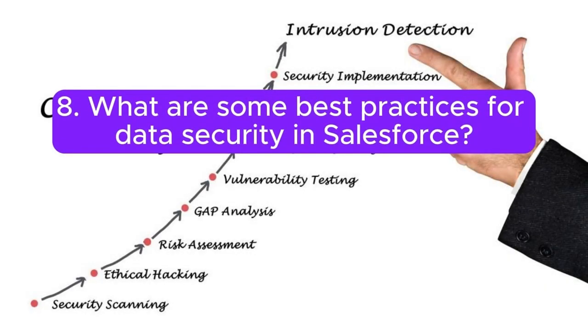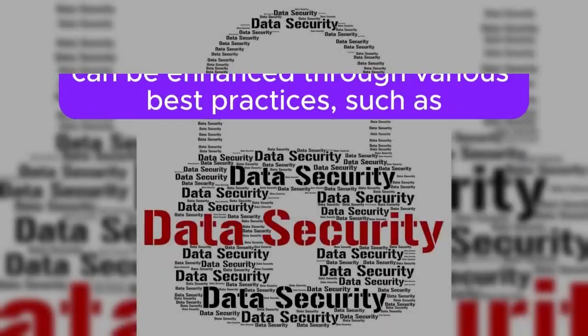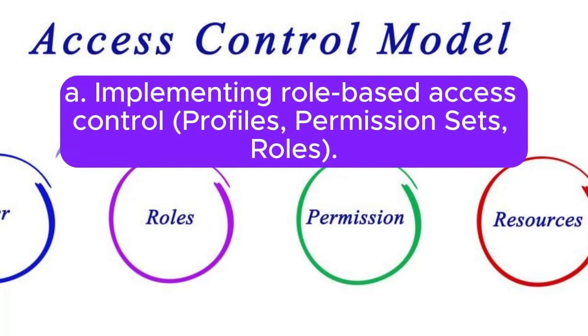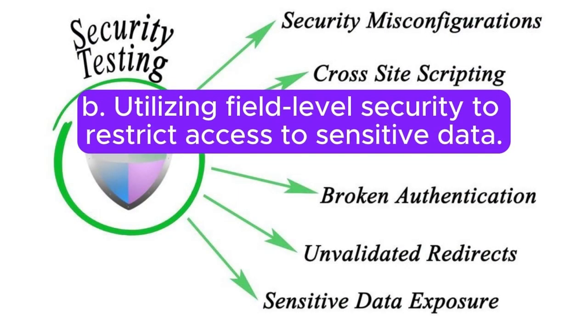8. What are some best practices for data security in Salesforce? Answer: Data security in Salesforce can be enhanced through various best practices, such as: A. Implementing role-based access control: profiles, permission sets, roles. B. Utilizing field-level security to restrict access to sensitive data.